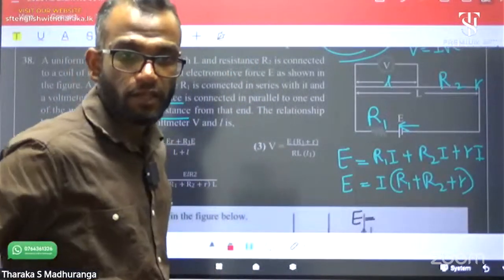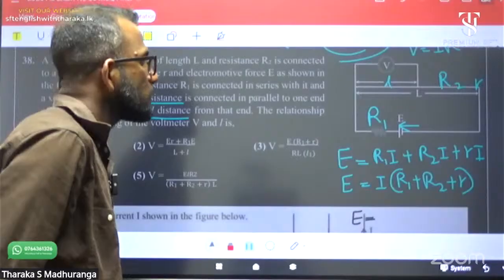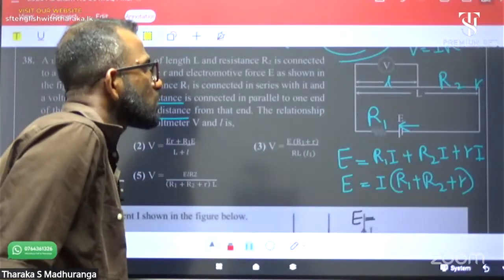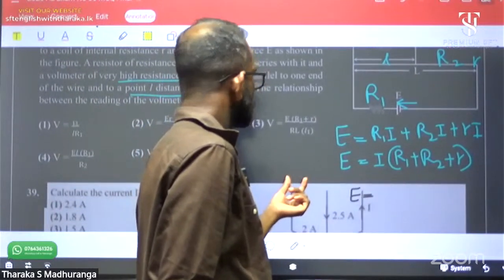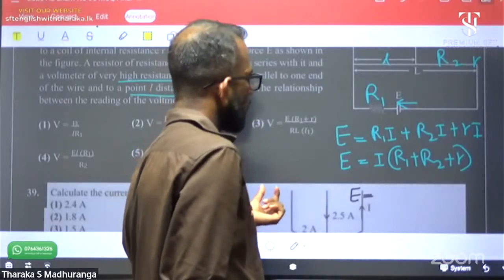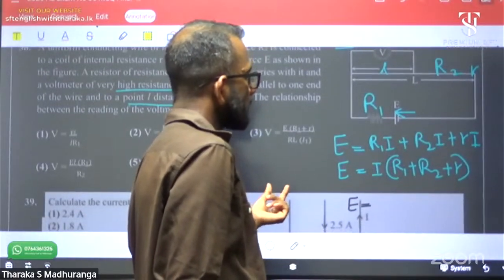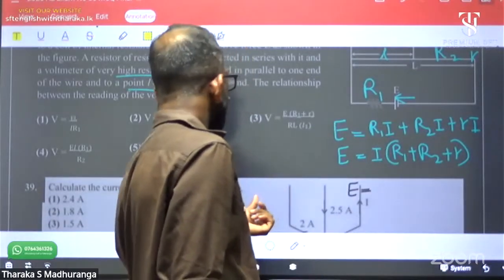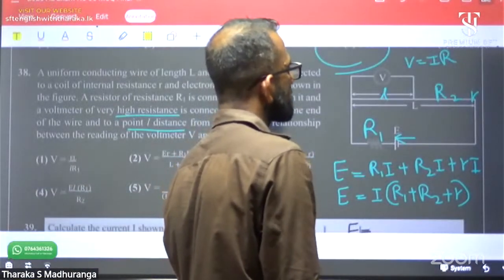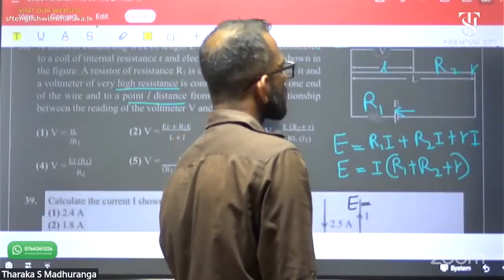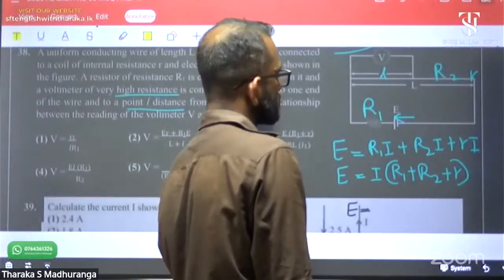Now it is series: R1 plus R2 plus simple R. Yeah, current.